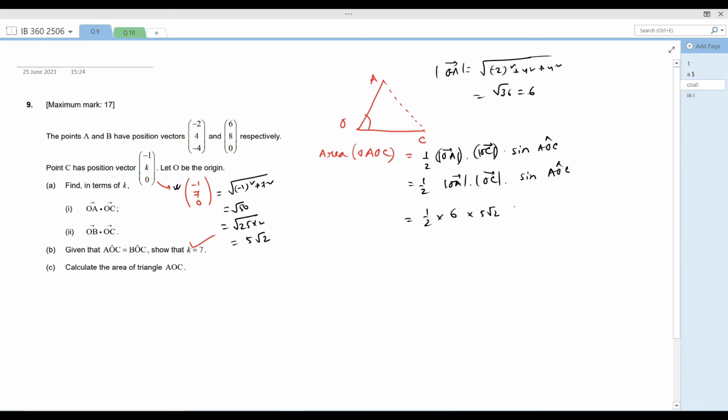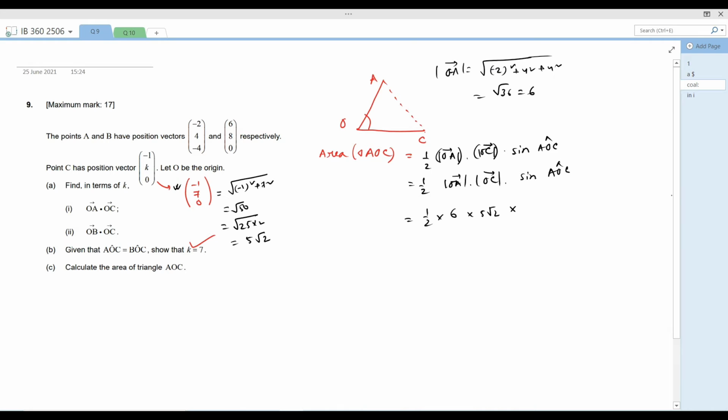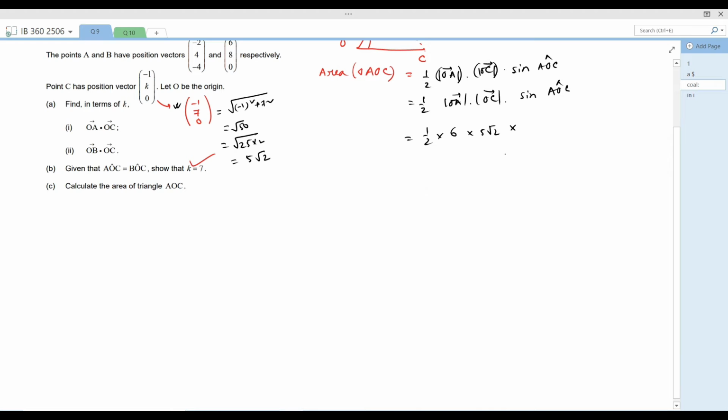Now we need to find sine of angle AOC. To find the value of the sine of this particular angle, we will use the normal Pythagorean formula: sine square theta plus cos square theta equals 1. So we need cos first. Cos of angle AOC is OA dot OC divided by mod OA into mod OC, and we have OA dot OC in hand.